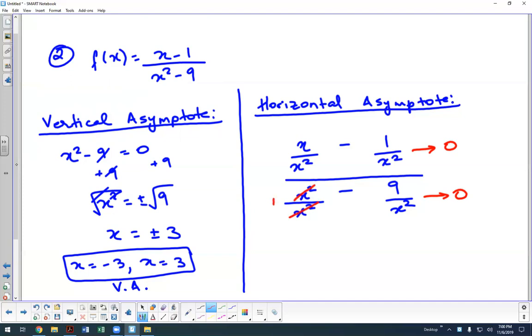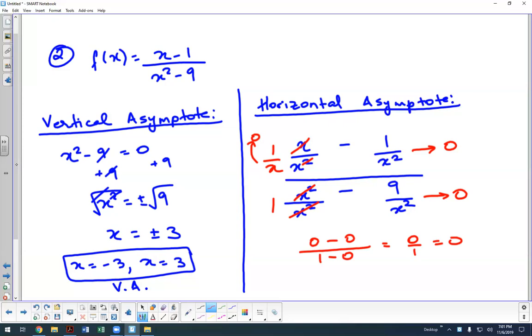Very good. And x divided by x squared on the numerator, I can cancel one of these x's with one of these x's, right? I've got 1 on the top. Yeah, I've got 1 over x left behind, but I also know that is going to go to 0, which leaves us with 0 minus 0 on the numerator, 1 minus 0 on the denominator. 0 divided by 1 is 0.